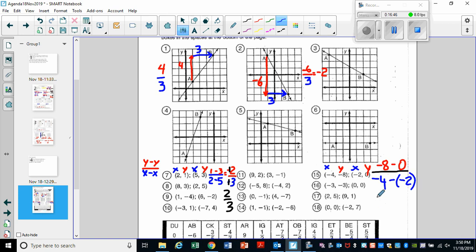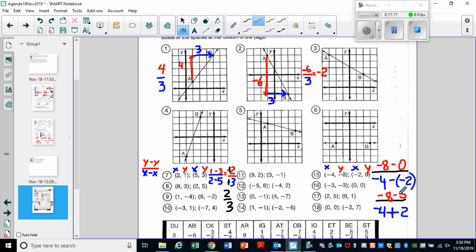Minus negative becomes a positive. So really, in the end, you wind up with -4 plus 2. But then your -8 minus 0 is still -8 minus 0.